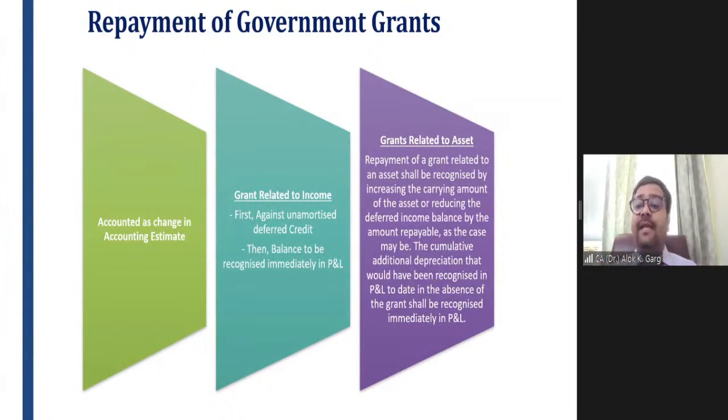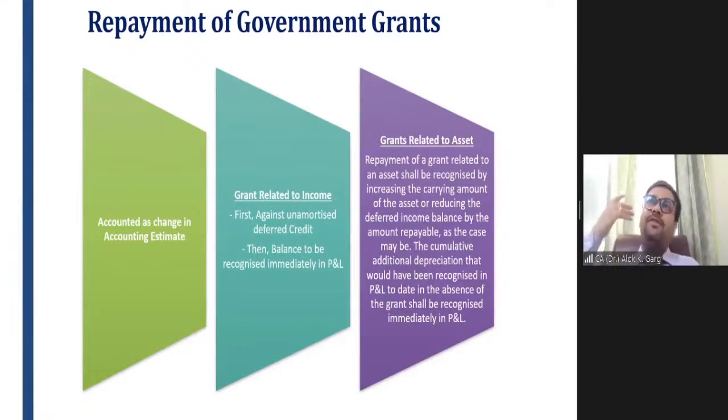A lot of students were saying, sir, for example, the condition was related to 5 years, 6 years, 10 years. And if the entity defaults in compliance of the conditions, of course, the government grant will be repaid. Sir, then how will this be treated in the books of accounts? So first of all, if there was an error, for example, an error in the estimation.